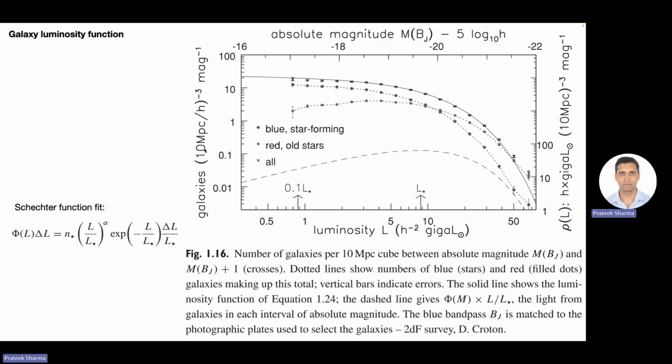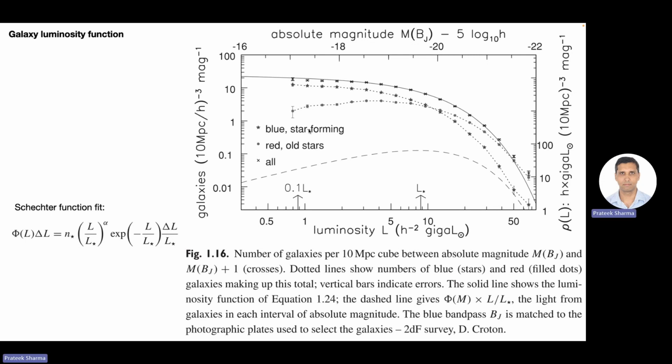So if you look at a 10 megaparsec by 10 megaparsec by 10 megaparsec cube in our neighborhood, and count the number of galaxies which lie between absolute magnitude values, you make bins in these absolute magnitude values and put the numbers in those bins. So this is the kind of data that you will get.